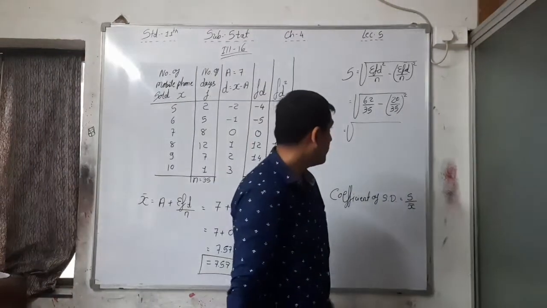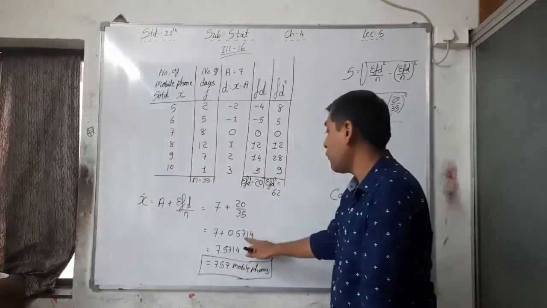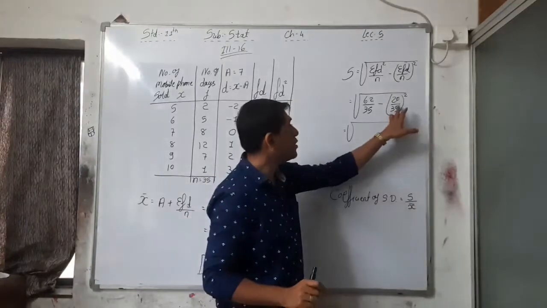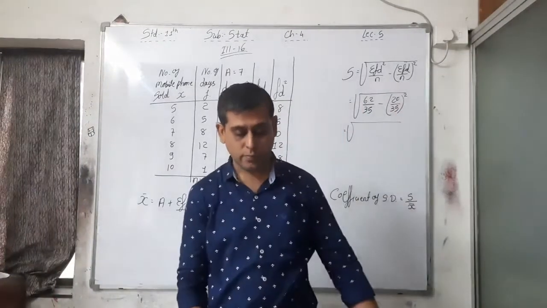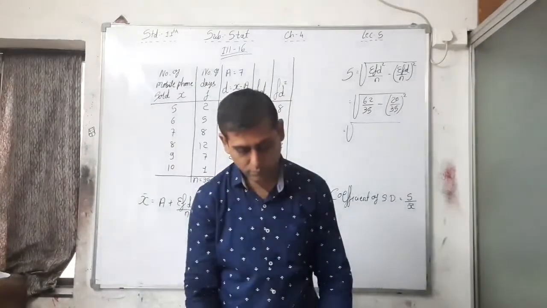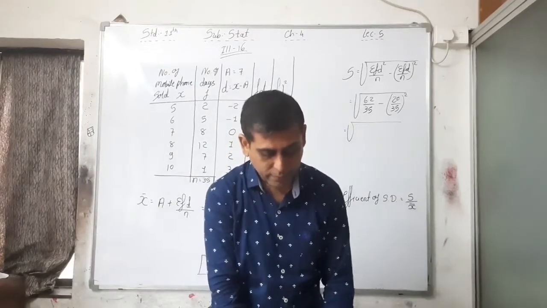What is your answer? Minus 20 divided by 35, that is 0.5714 all square. Here you have to write 0.5714 all square. So find out what is the answer. Do by yourself in your calci.